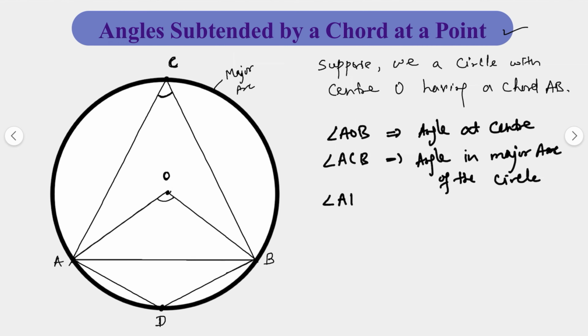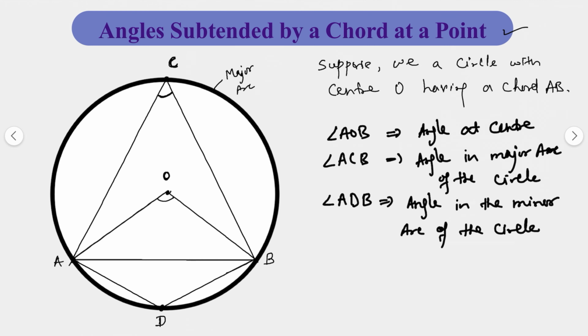And we can have another angle, angle ADB, which is the angle in the minor arc of the circle. So whenever we have a chord, in this case AB, that chord will make 3 types of angle: one at the center, second in the major arc, and third in the minor arc of the circle. Now we'll try to find the relation between the chord and the angle made by the chord at different parts of the circle.